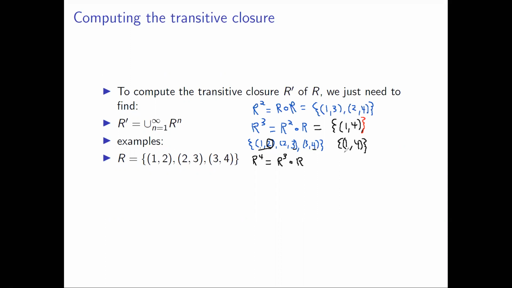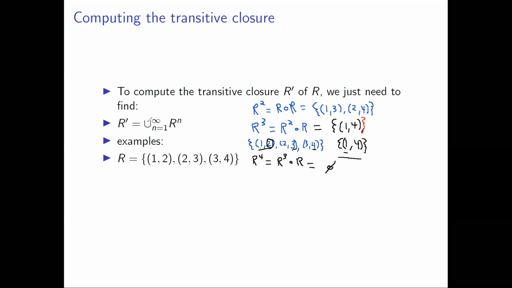And this one over here starts with 1. So we can't put the 2, 3, and 4 matching with the first term of anything over here, because the only thing over there is 1, 4. And 1 is not equal to 2, 3, or 4. So this one is just going to be the empty set. And once you have the empty set, it's going to be the empty set the rest of the way.